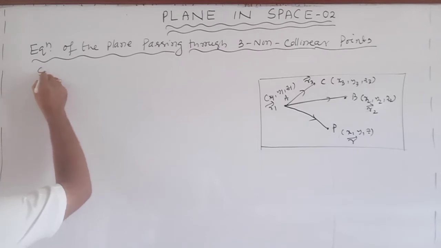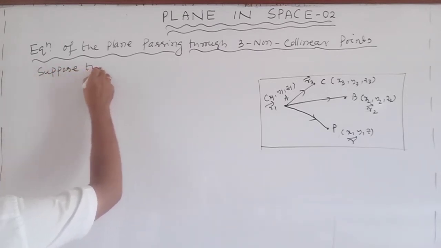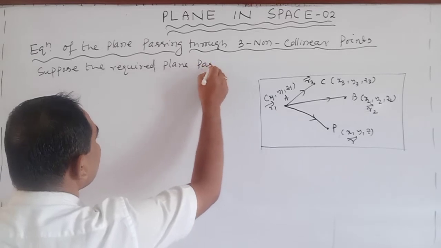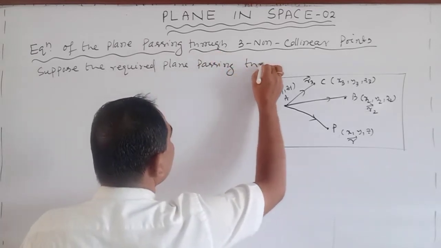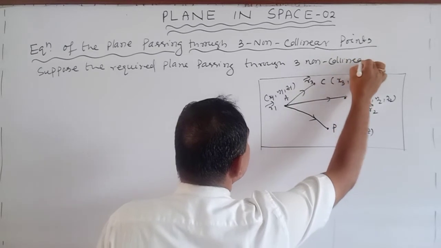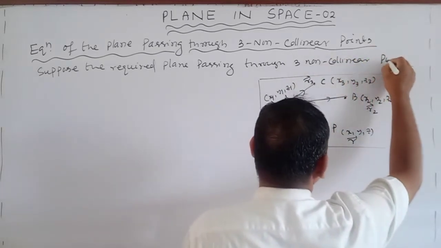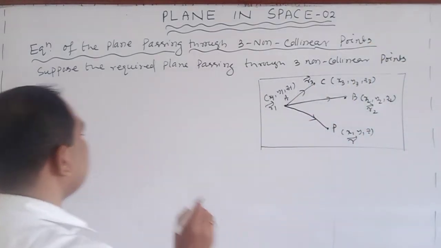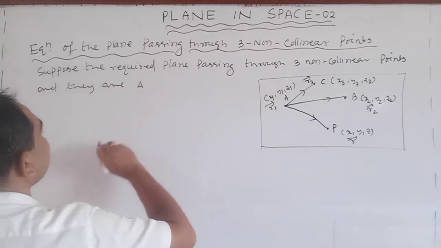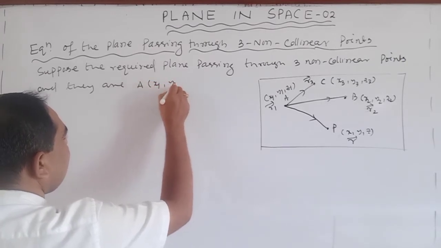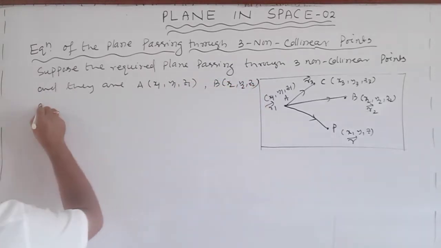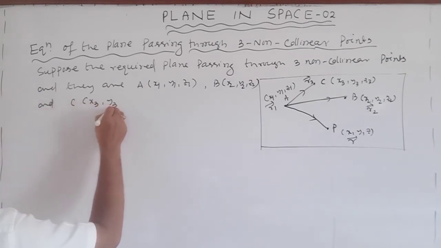Suppose the required plane passes through 3 non-collinear points, and they are A (x1, y1, z1), B (x2, y2, z2), and C (x3, y3, z3).